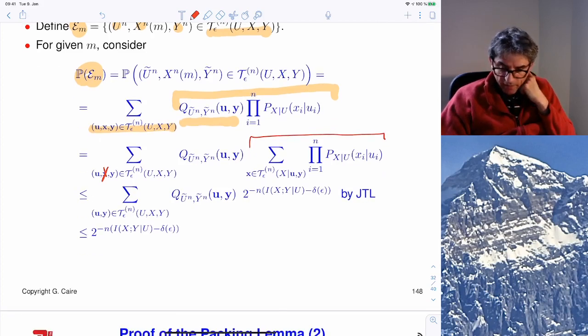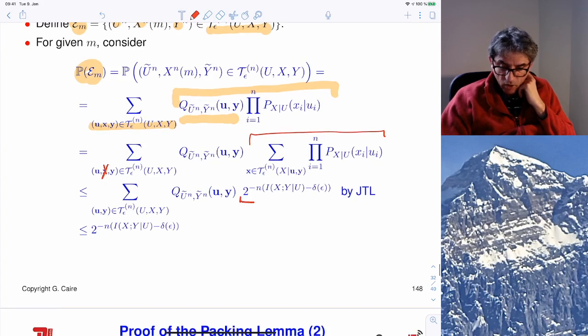And now the joint typicality lemma says that this inner sum is the probability that x is jointly typical with y given u. Since x and y have been generated conditionally independent given u, this probability is upper bounded by 2 to the minus n times the conditional mutual information of x and y given u minus some delta.